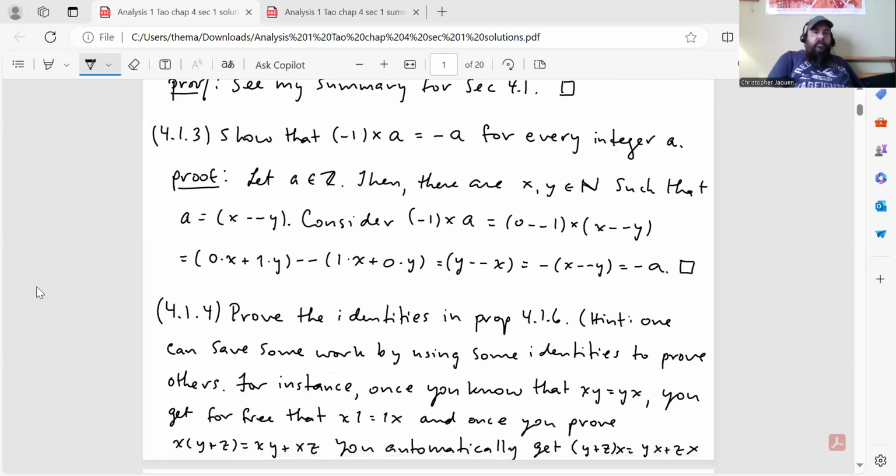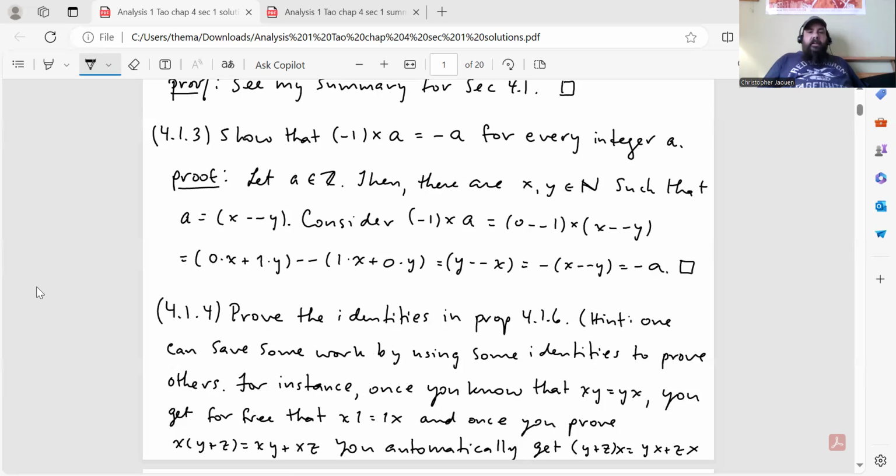All right, question 4.1.3 says show that -1 times a equals -a for every integer a. And here's the proof. Let a be an integer. Then there are x, y in the natural numbers such that a is x--y. Consider -1 times a, which is equal to 0--1 times x--y, which by definition of multiplication is (0 times x plus 1 times y)--(1 times x plus 0 times y).